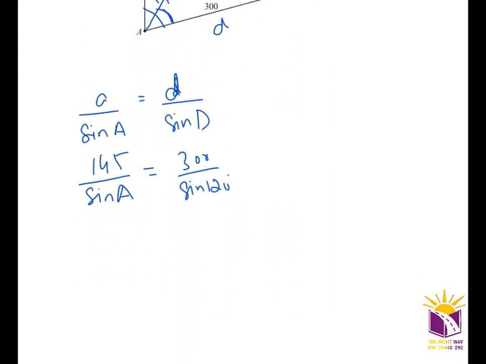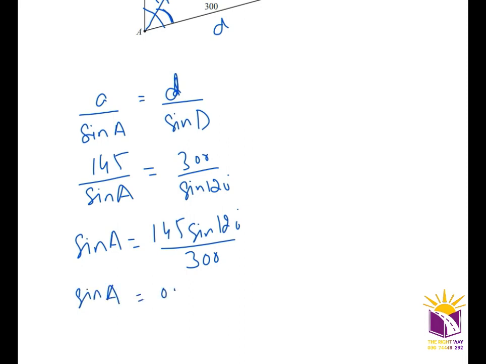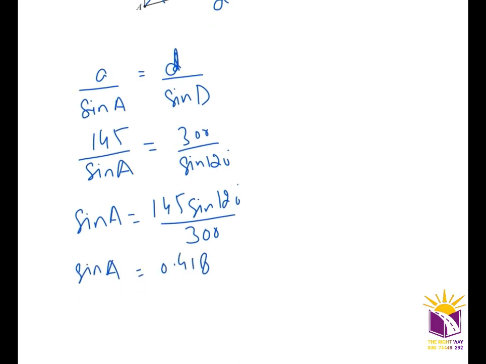So sine A will become 145 times sine 120 divided by 300, and sine A will be equal to 0.418.